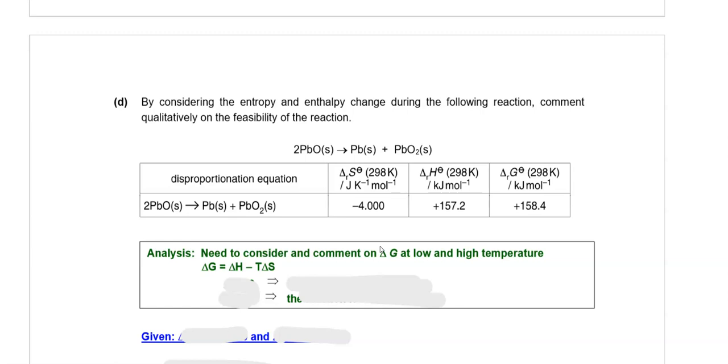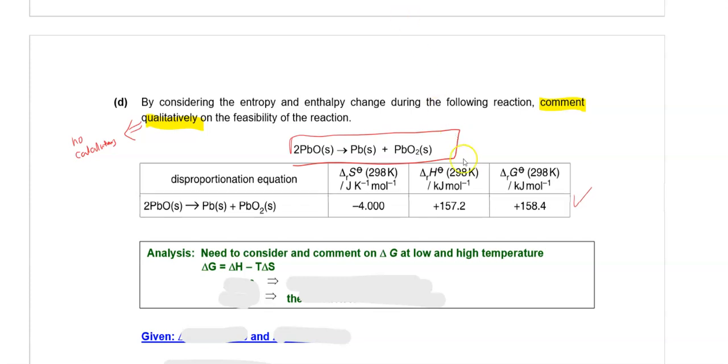Okay, in 4D we're supposed to calculate, or rather not supposed to calculate, we're supposed to comment qualitatively. Now, when this term qualitatively appears in the question, it basically means no calculations. Alright, we're looking at this reaction. I've taken the liberty to repeat the data over here.